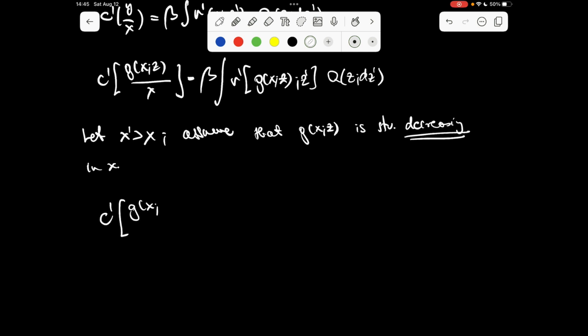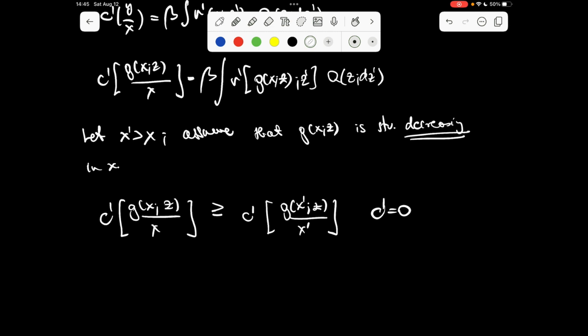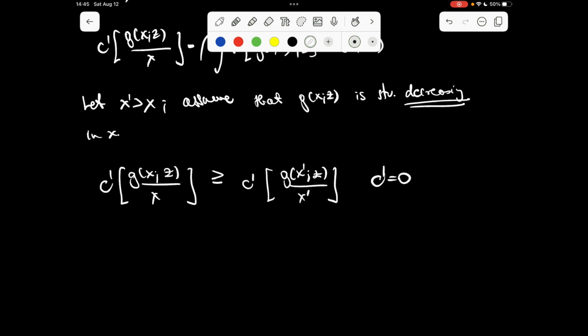By using our assumption, we can say that this holds. It cannot be a strict inequality because there is a section of cost function c where c prime, the marginal cost, is 0, so we cannot use a strict inequality.